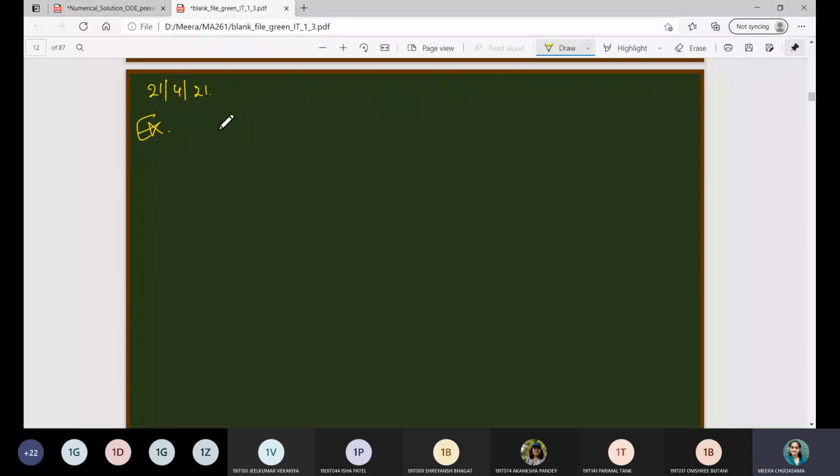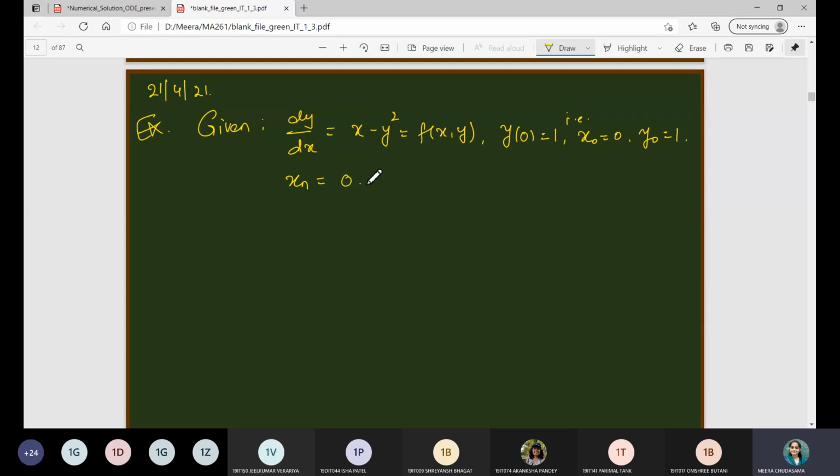Yeah, so for the example I will write directly the given things. We are given dy by dx equals x minus y square. This is nothing but the function f of x, y. Then we are given y of 0 equals 1. What does it mean? Here I can write that x0 is 0, y0 is 1. After that we are asked to find the y value at 0.2.